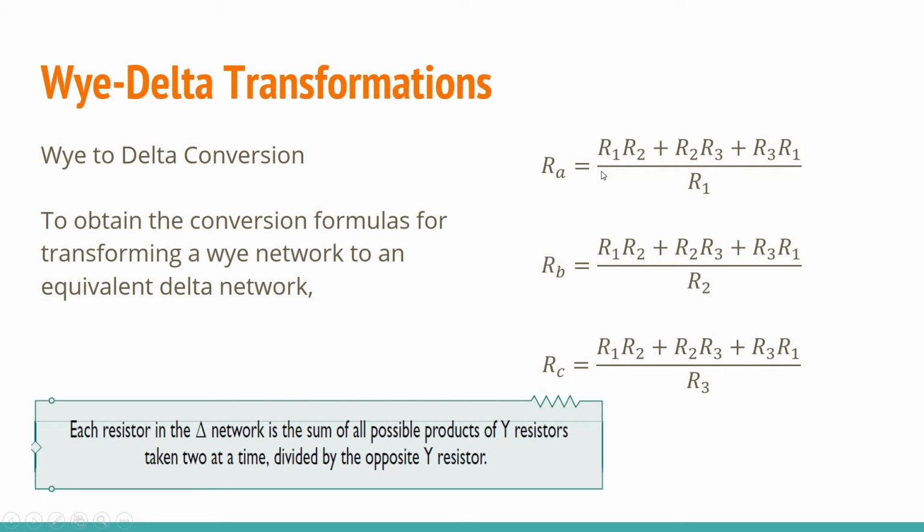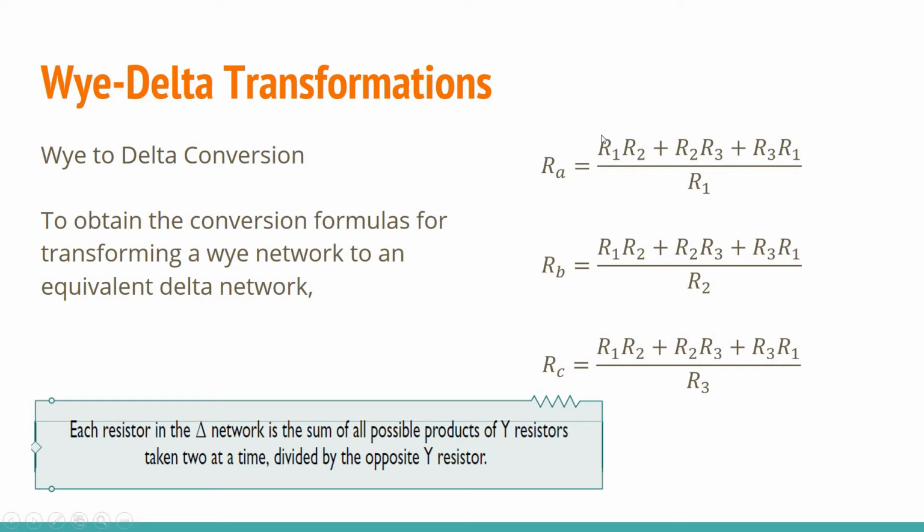So, sample sa RA, mao ni siya ang equation. RA is just equal to the product of R1 and R2 plus the product of R2 and R3 plus the product of R3 and R1, divided by R1. So, kung makita nato sa mga equation sa RA, RB, and RC, same lang ang numerator.